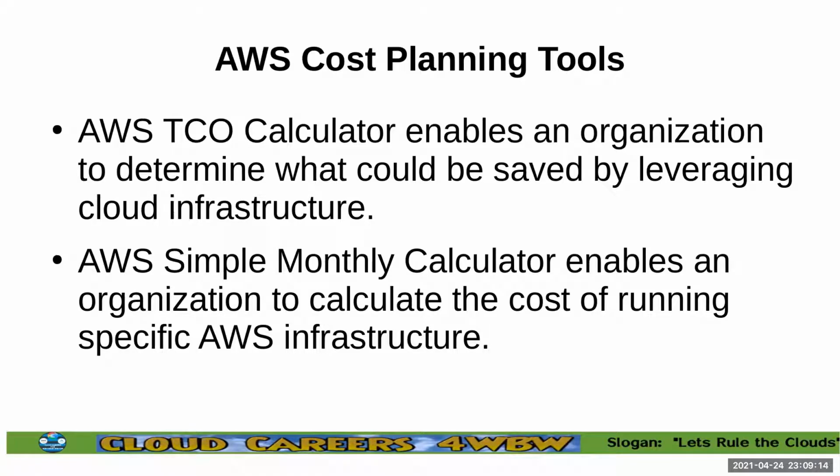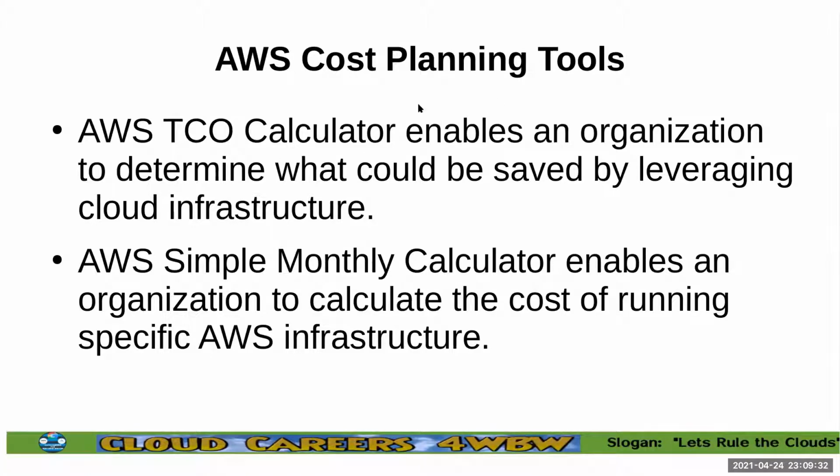Then you have the Simple Monthly Calculator, which enables organizations to calculate the cost of running specific AWS infrastructure. Again, there's no shortcut to this apart from finding a way to understand and remember them.